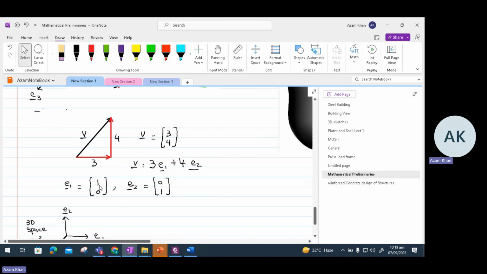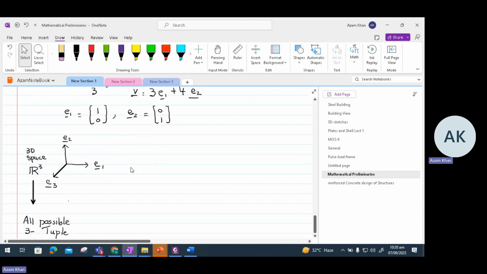It goes only unity in the x direction, or the E1 direction, and it doesn't have any component along the other orthogonal direction. Similarly, E2 goes unity in the y direction. This can also be written as 3E1 plus 4E2. So our vector V can be written as 3 times E1. Remember, this is multiplying a scalar with a vector, plus 4 times E2.